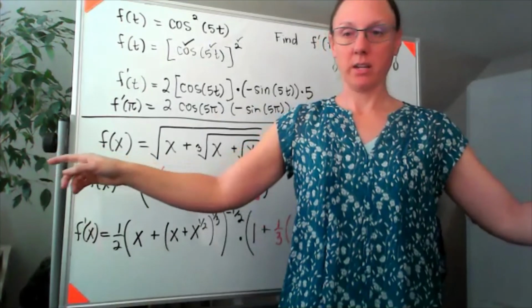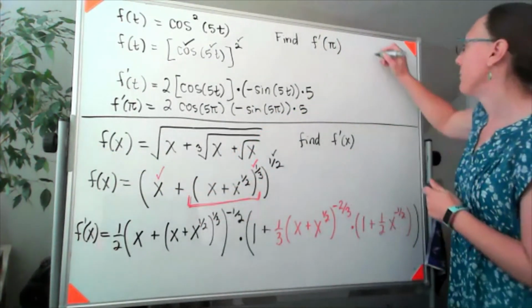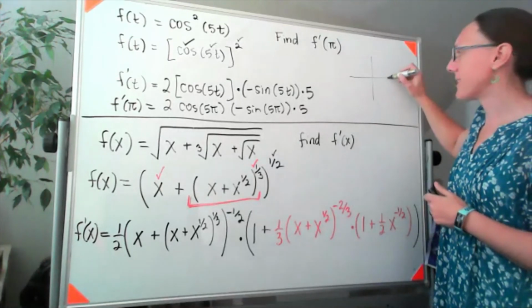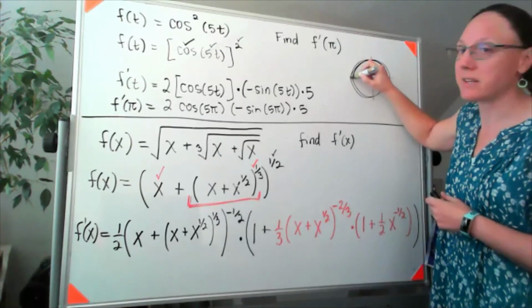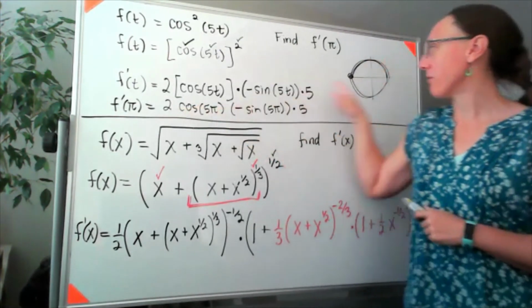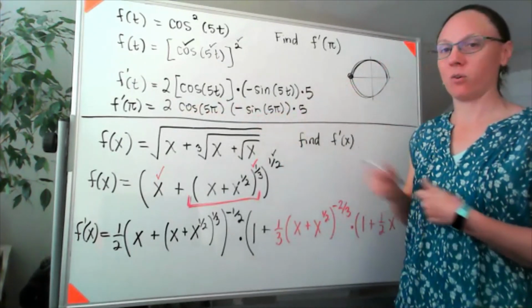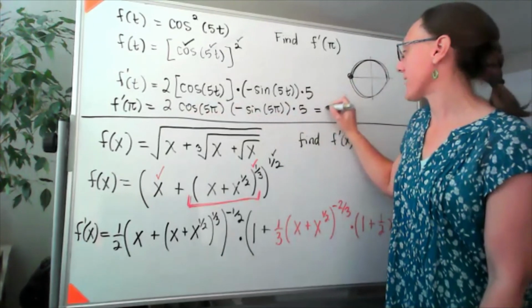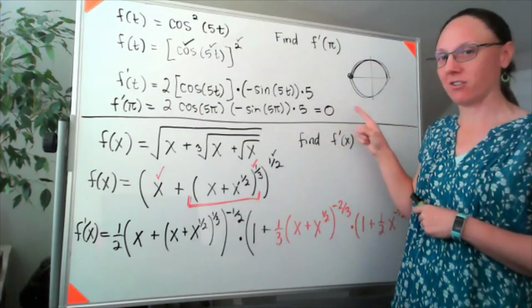Here I'm at 0 pi, 1 pi, 2 pi's, 3 pi's, 4 pi's, 5 pi's. So I'm over here. So cosine of 5 pi is negative 1, but sine of 5 pi is 0. So overall, that's going to be 0, which incidentally also means I have a horizontal tangent line.